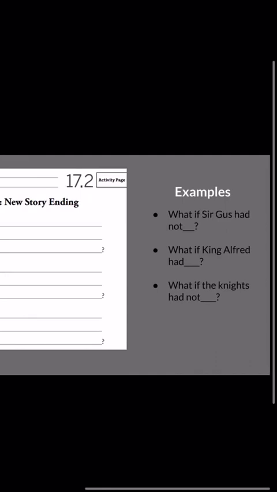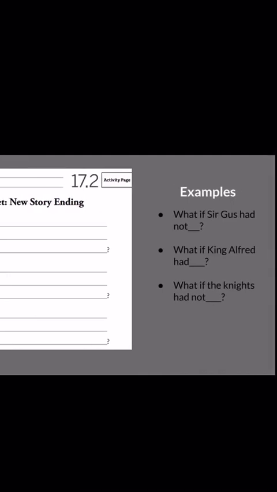I gave you some examples, and while you're reading through, you can think, what if Sir Gus had not blank? Okay, what if he didn't do something that he did? What is that something? You're going to plug that in. And then what if King Alfred had done something? What is that something? You plug it in. These are just examples.